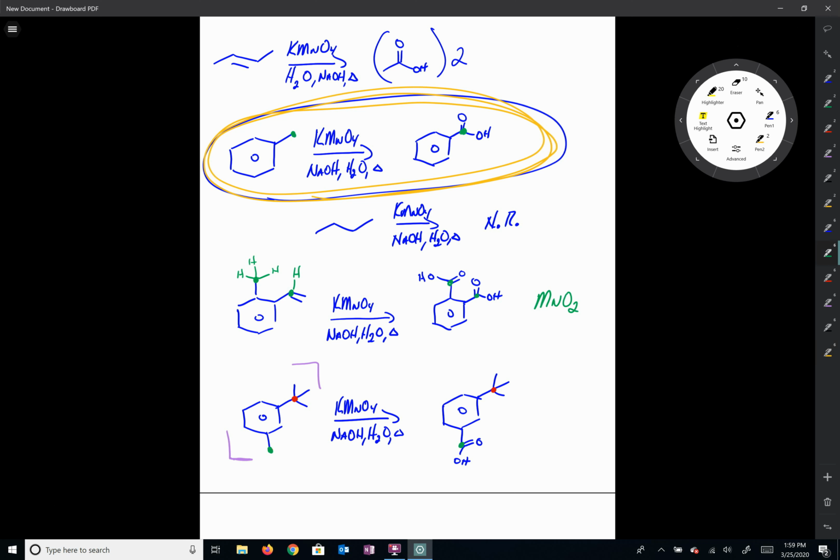It can be used to detect double bonds and benzylic carbons and all this kind of stuff. So this is also a qualitative analysis reaction. If we have an unknown compound and we put some of this permanganate in there and let it go, if it starts to oxidize something, we can see that its oxidation is happening by the precipitation of the manganese dioxide that happens at the end there.